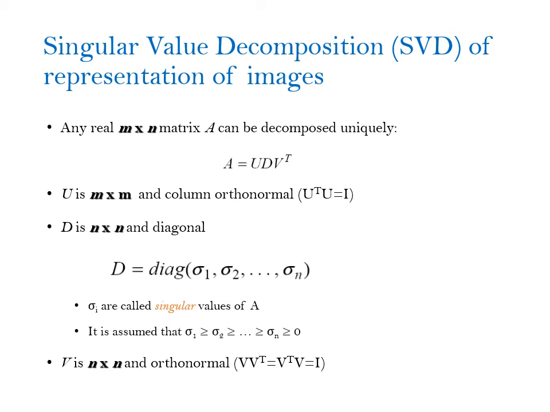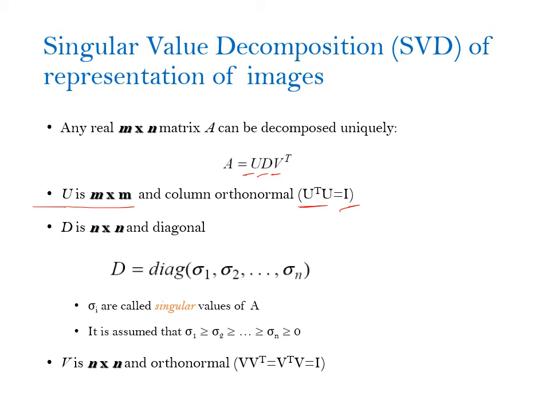Any real M by N matrix A can be represented by a product of matrices U, D, and V. U represents the column orthonormal vectors; the product of U transpose and U will be the identity matrix. These are called orthonormals.